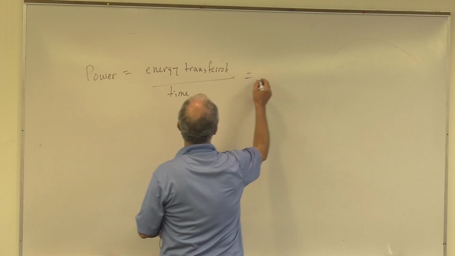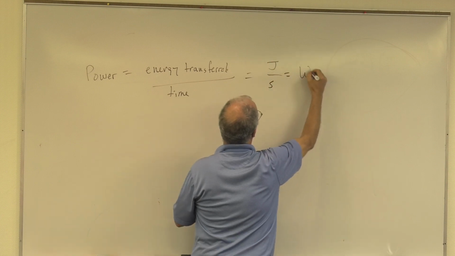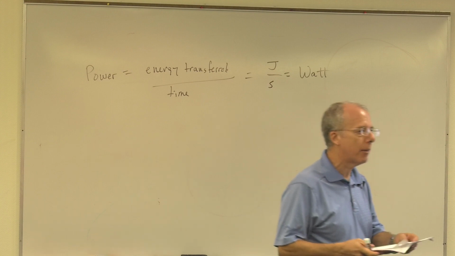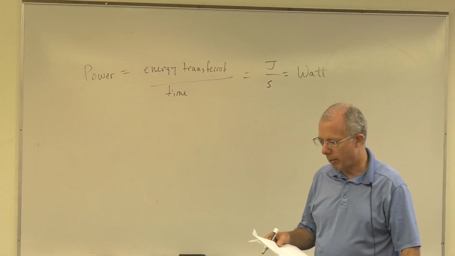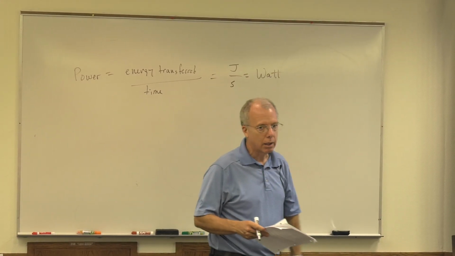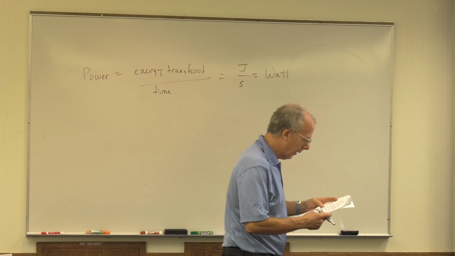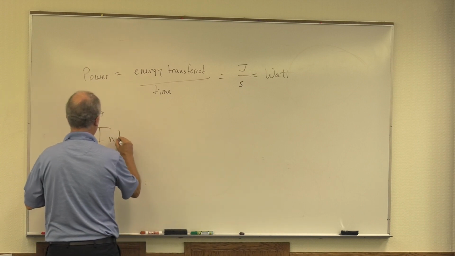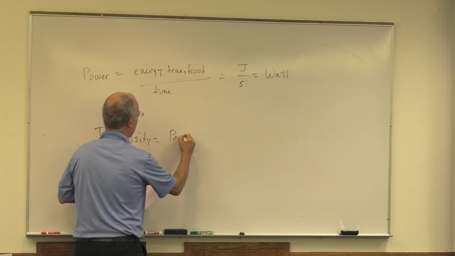Look at the units. What's energy? Joule. What's time? Seconds. That's called a watt, and you already know that. Let's say you want to get a new light bulb for your study area, and you want a really bright one. So you want a lot of joules per second, so you get a high-watt light bulb. So that's power. And intensity is power over area.